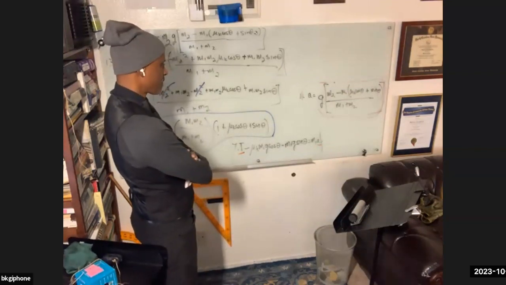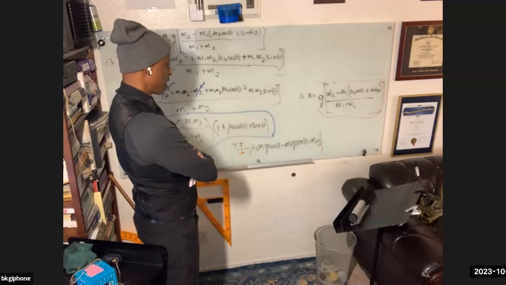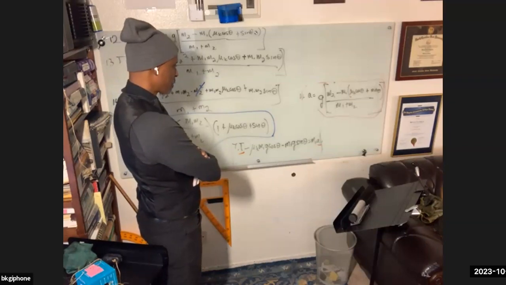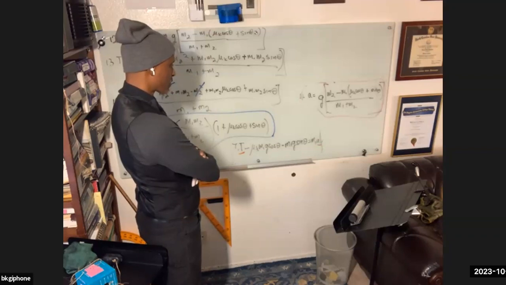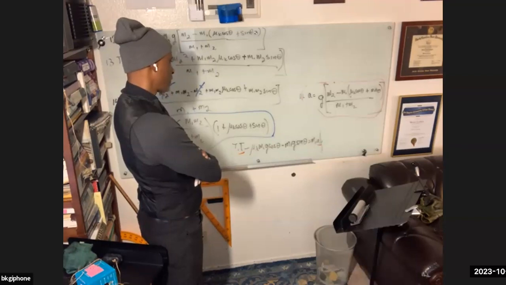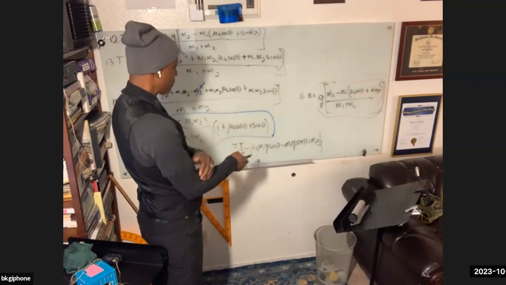Did I miss a sign? Because I should get m2 plus m1, right? Because it's got to factor out the whole thing is going at g. Should there have been a minus sign there?